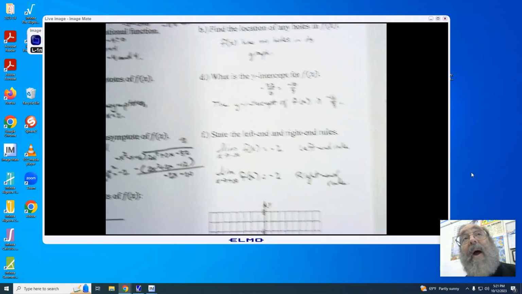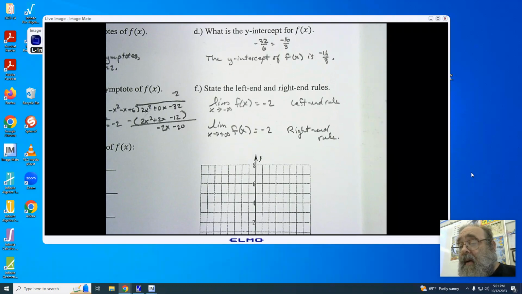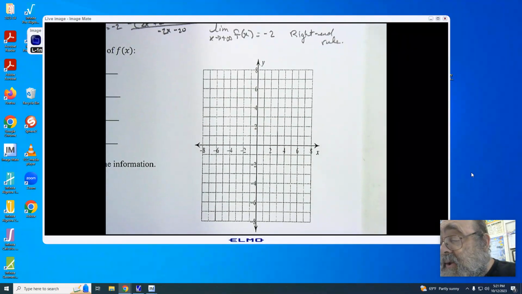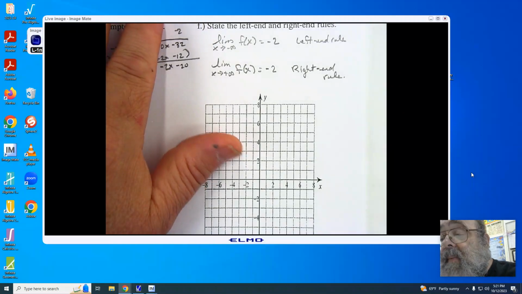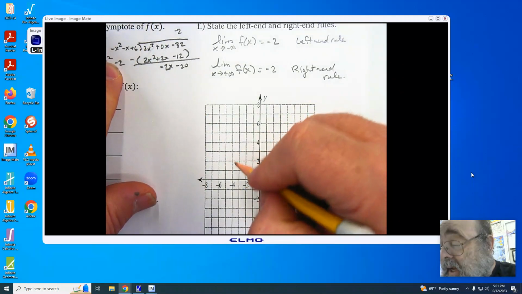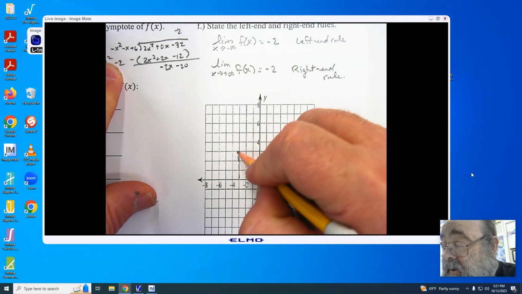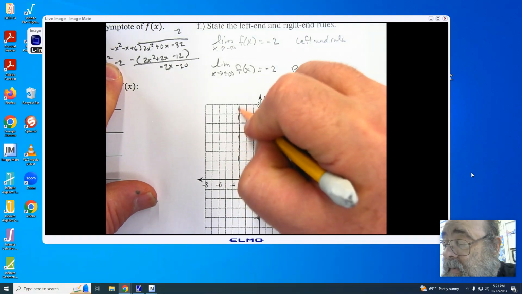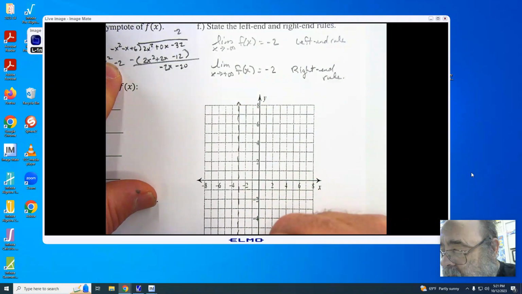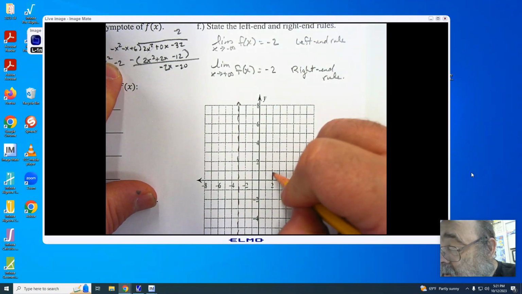Alrighty, now I'm going to graph before I try to find any additional limits. So I'm going to start with my zeros and vertical asymptotes. So let's put in the vertical asymptote at -3 first. Then +2.